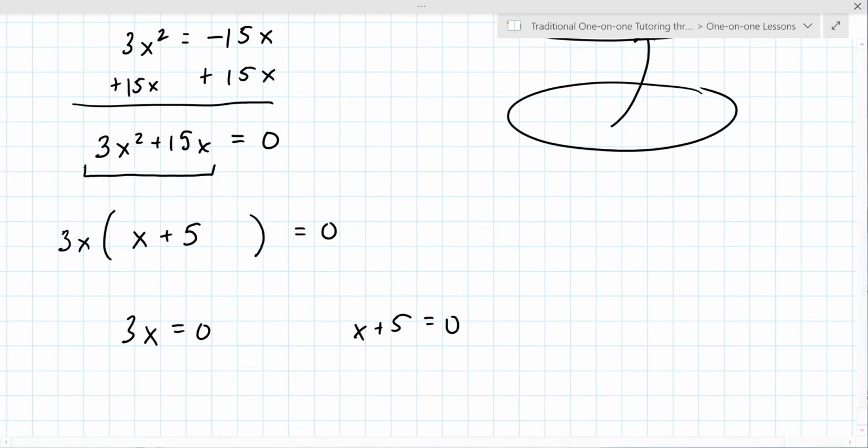And then you have to divide 3x by 3, so then x equals 0. That's right. And then 5, I have to subtract 5 over, so x equals minus 5, and that's not a friendly number. If it's squared, I keep going, but it's not squared, so you're stopping here. Okay, so it has to be squared in that exact part and not in the original equation.